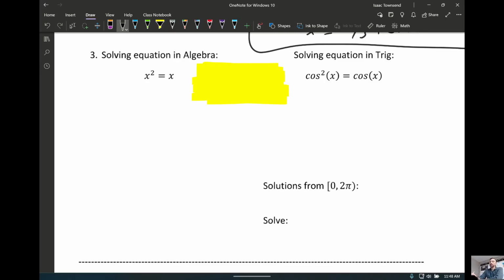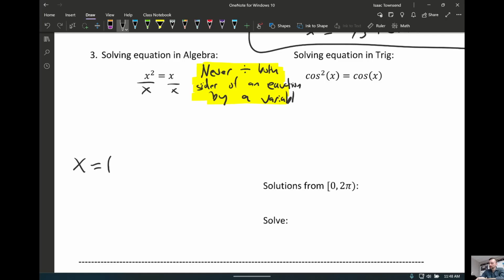What you get tempted to do in this, algebraically, is to divide both sides by an x, and you get x equals 1. The problem with this is, and you should note, never divide both sides of an equation by a variable, like I just did.